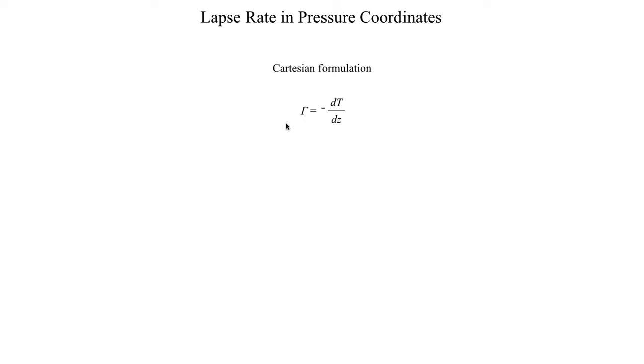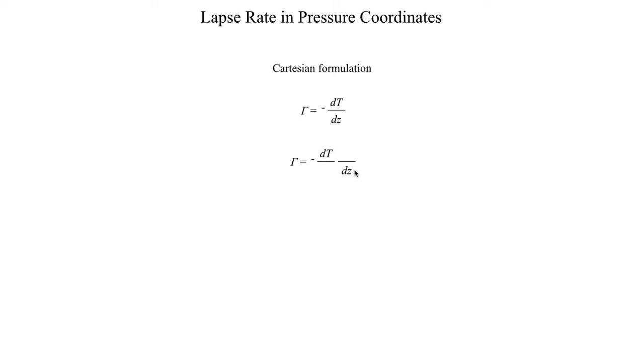So let's take a look at how this formulation changes when we go from Cartesian coordinates to pressure coordinates. We're going to do the same trick that we did in the previous segment with the mass continuity equation. We're going to again invoke a form of the chain rule, something that we hopefully remember from calculus classes.